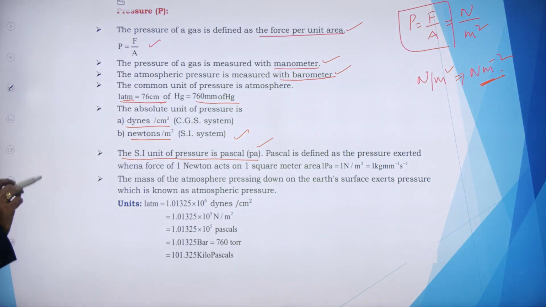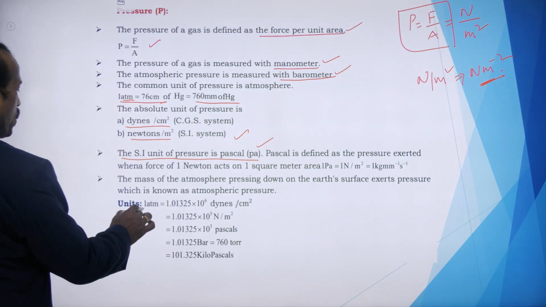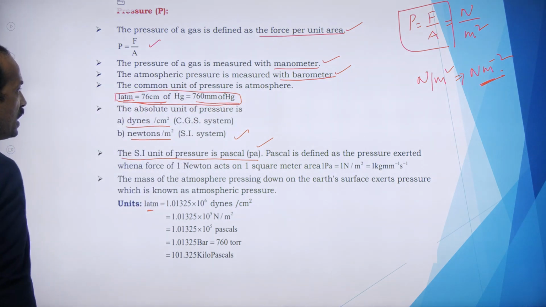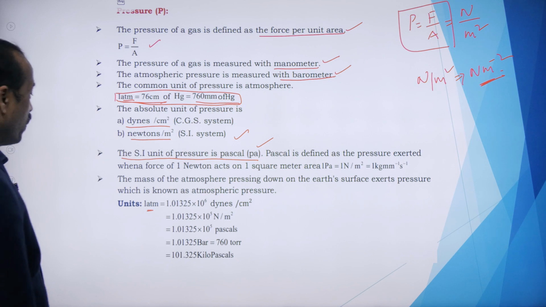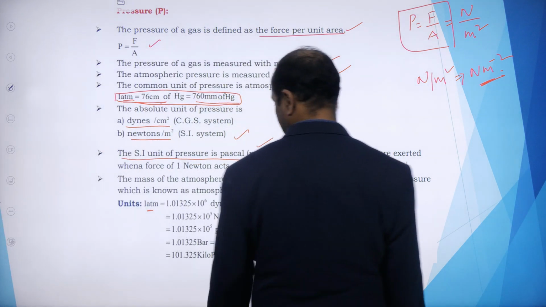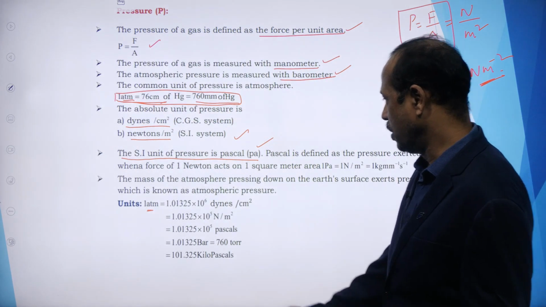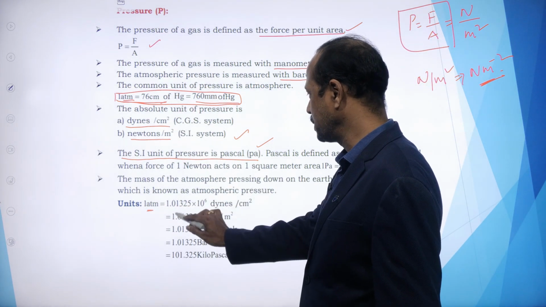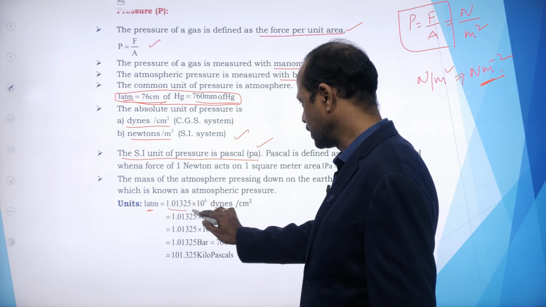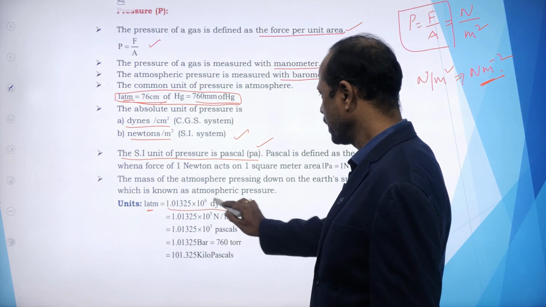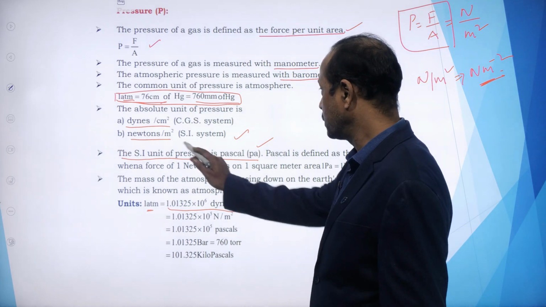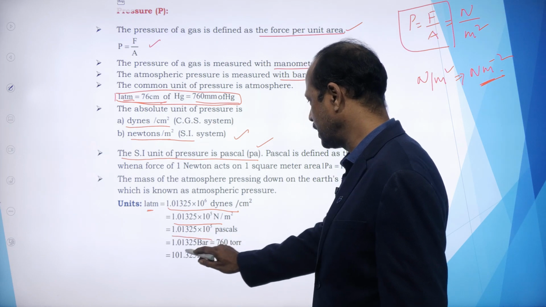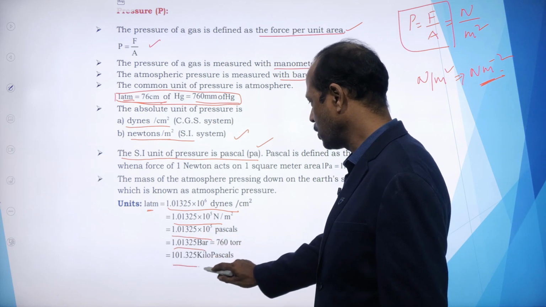Okay, and here 1 atmospheric pressure means the pressure exerted by the atmosphere at sea level. The 1 atmospheric pressure value in different units: in terms of dynes per square centimeter this is 1.013 into 10 to the power of 6 dynes, and in terms of SI unit, in terms of Pascal is this one, in terms of bar is this one, in terms of kilopascal is this one.